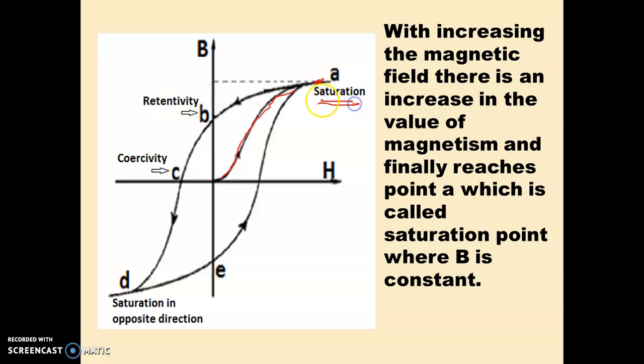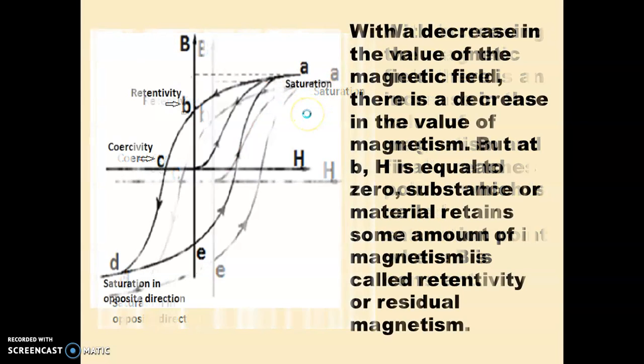This point A is called the saturation point. In this case, B is now constant; this dotted line shows the constant value of B. This is saturation. After that, there is no increase in B. This we have to note.